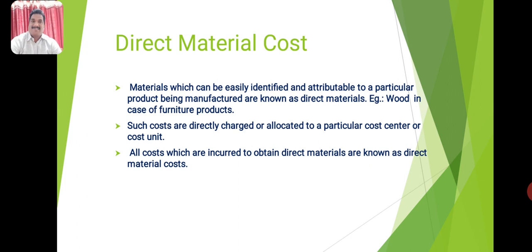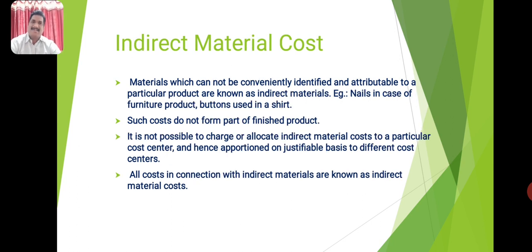All costs which are incurred to obtain direct material are known as direct material cost. So in order to procure direct material, an organization incurs certain expense, and that can be referred to as direct material cost. So direct material cost is the cost incurred for the acquisition of direct material by a business organization.